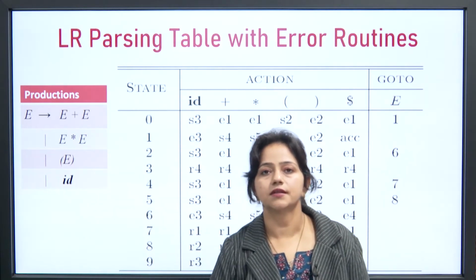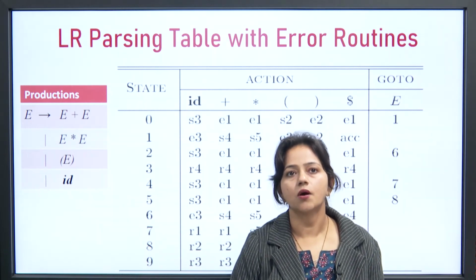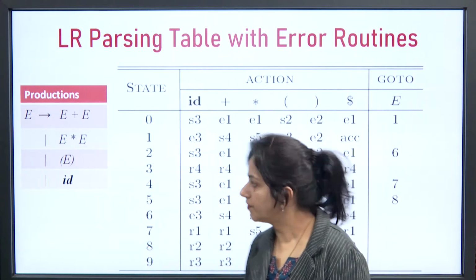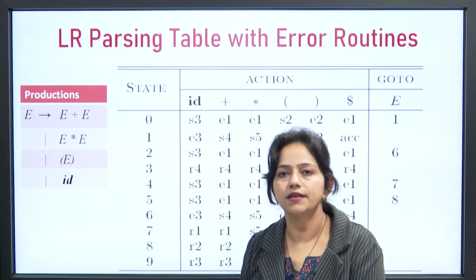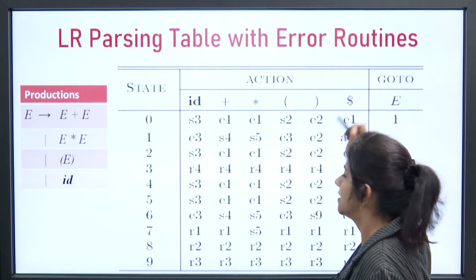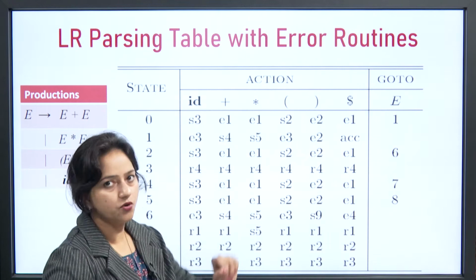Now, we will discuss an example to apply the error routines on the LR parsing table. We already know the LR parsing table. Here we have the states based on the item sets, and here we have all the terminals along with dollar for the action field, and here we have goto.